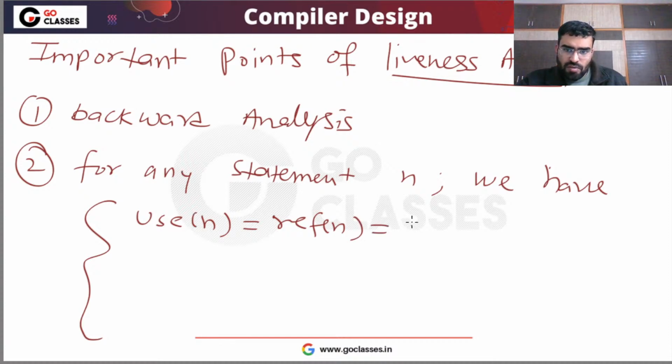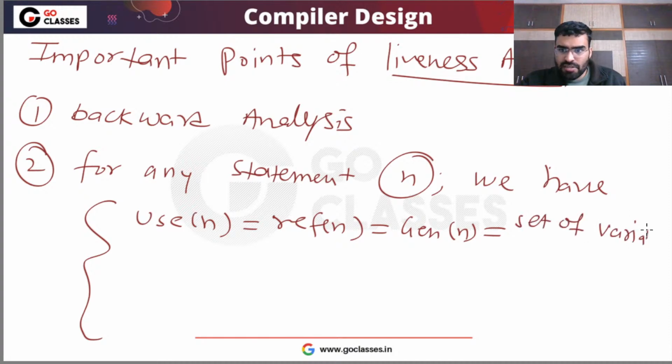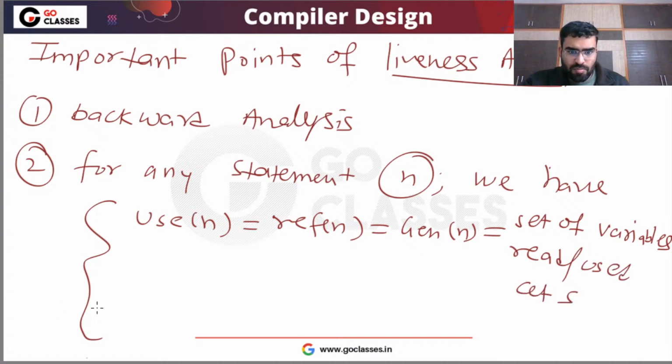This is also called reference of n, or generate of n. This is the set of variables which are used at this statement n. Okay, so this is the set of variables read, or you can say used at statement s.